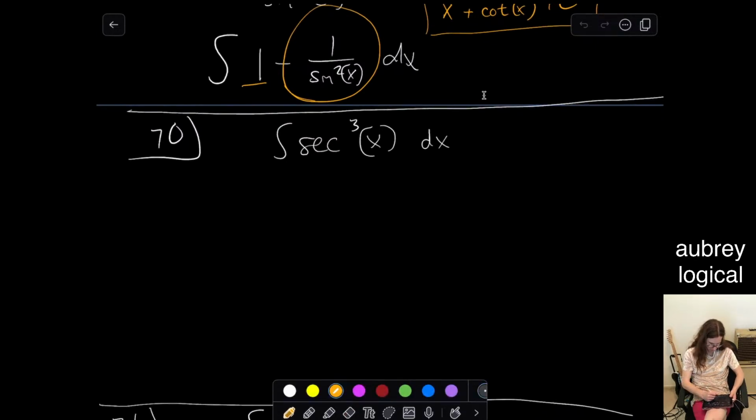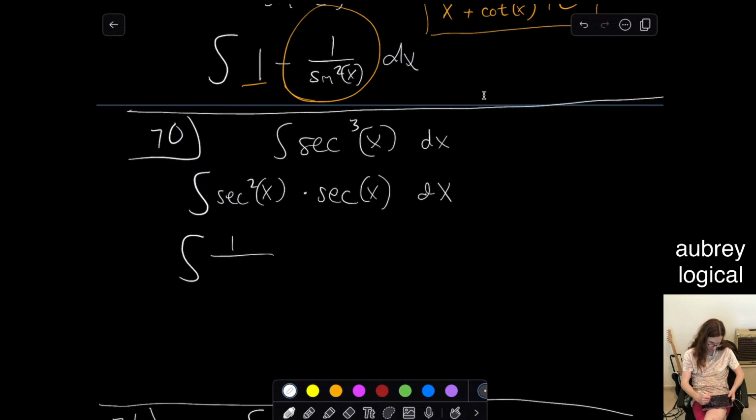Alright, this is tough. So for this one, I think we're going to want to split it up into secant squared of x times secant of x. So we're not doing integration by parts here anymore. Let's go ahead and write our identity.